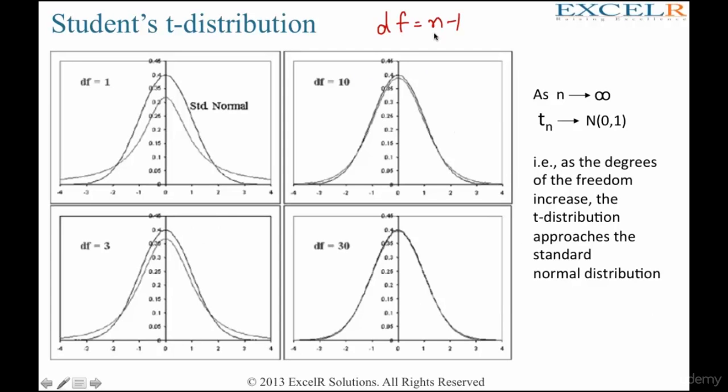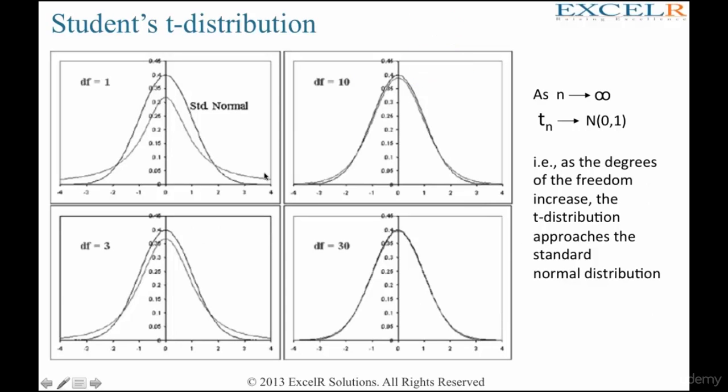As I keep increasing this n value, that is, the sample size, degrees of freedom would also increase. If I increase the sample size to 10, 10 minus 1 would be 9. If I increase the n value to 20, 20 minus 1 is 19. So as I increase the n value, the corresponding degrees of freedom also would increase.